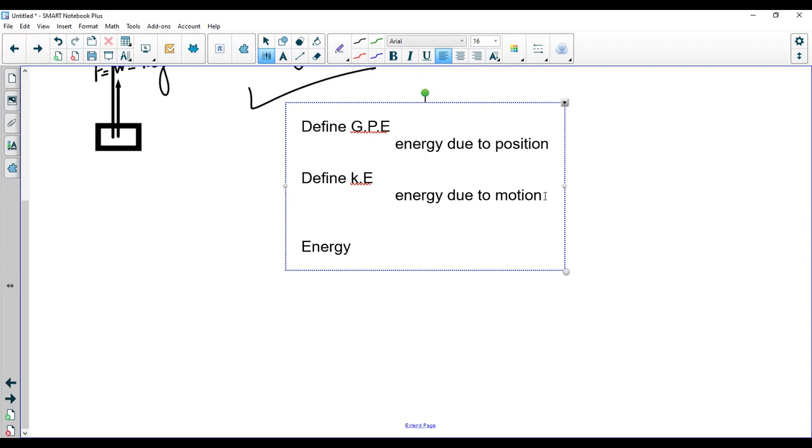That's right. Capacity. Fatma, I'm waiting for your answer. What is energy?